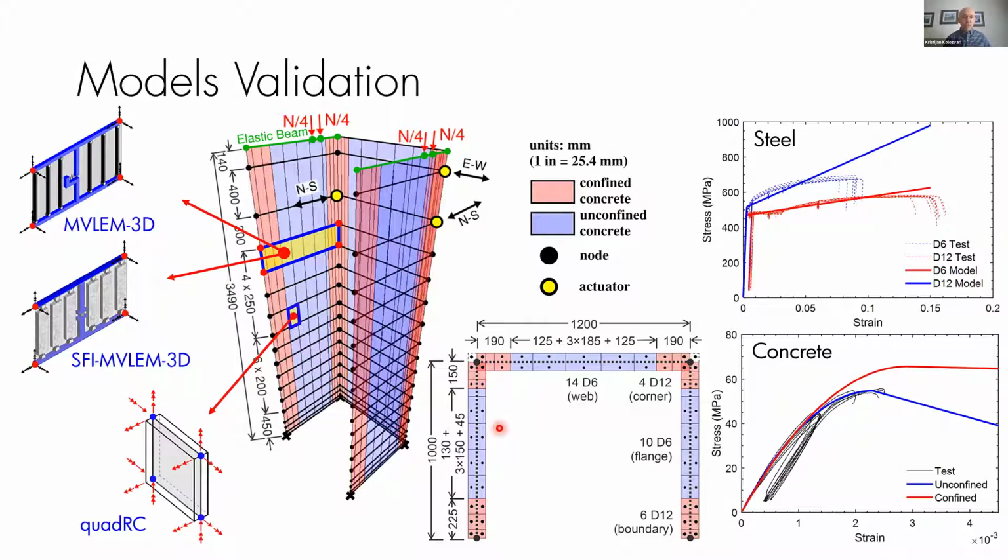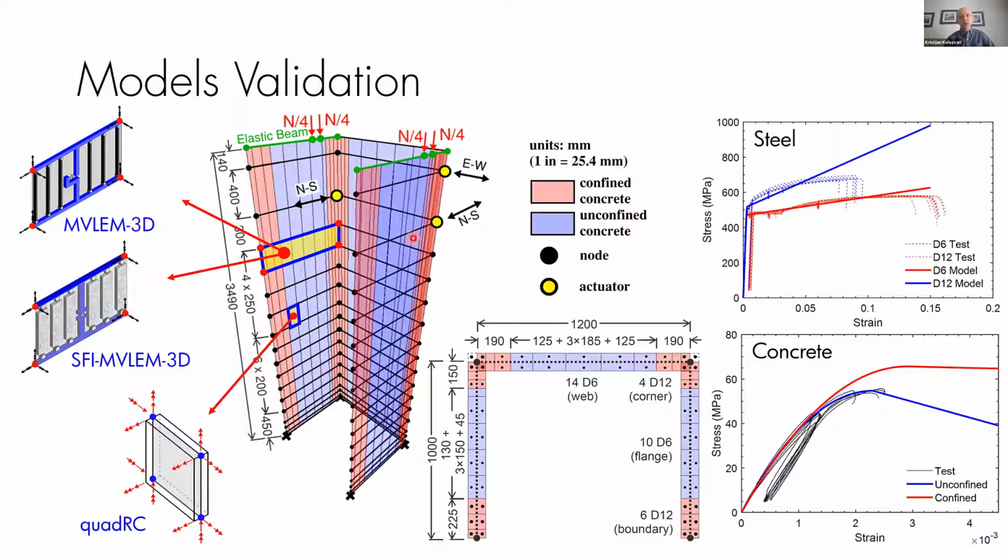When it comes to the finite element model, the quad RC, you have to discretize the wall differently, with a finer discretization, where each of these fibers now became one element, like here, right? So obviously a lot more elements in this case. So that would be the geometry of the wall, how it's discretized.